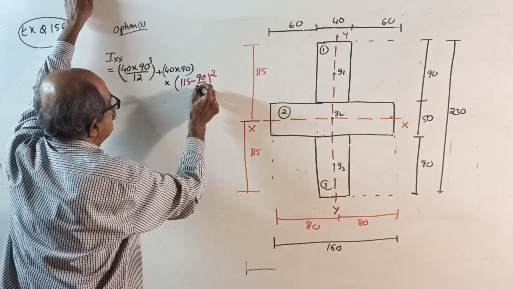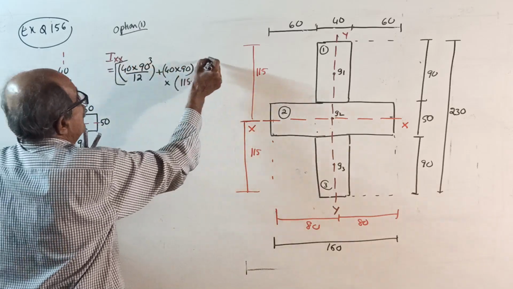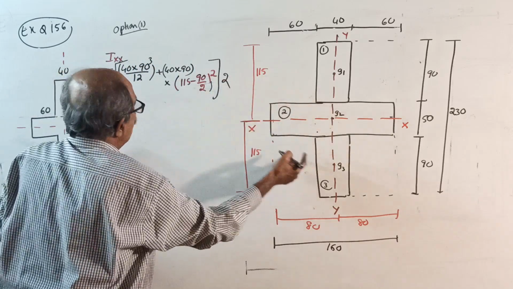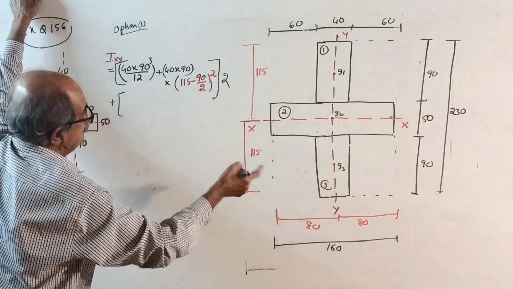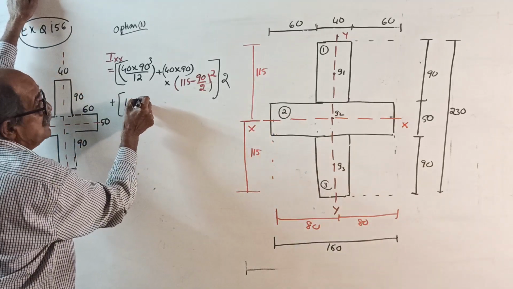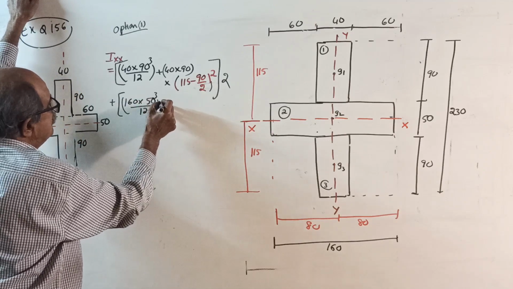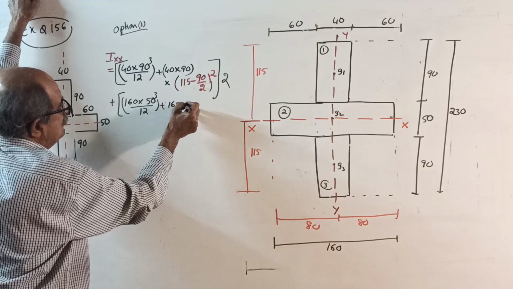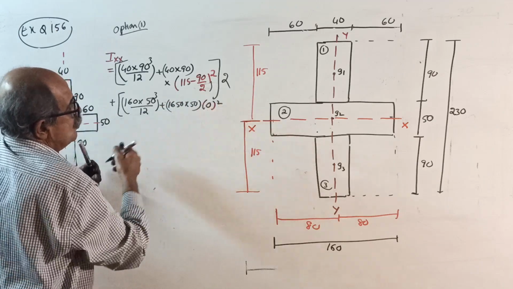This is for the first one; multiply by 2 to take care of the bottom one. Plus 160 into 50 cube divided by 12, Ig, plus 160 into 50, the area, into 0 square. That is IXX.